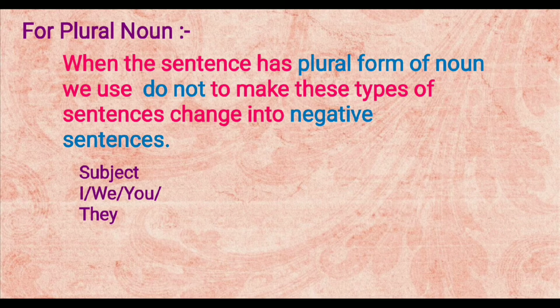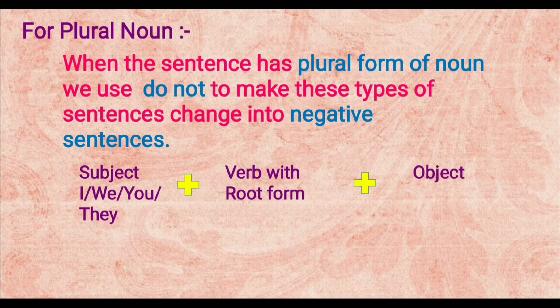Subject: I, we, you, they. It means they are the plural pronouns. Then the verb in root form, then the object. So this is the pattern of the positive sentence with a plural noun.